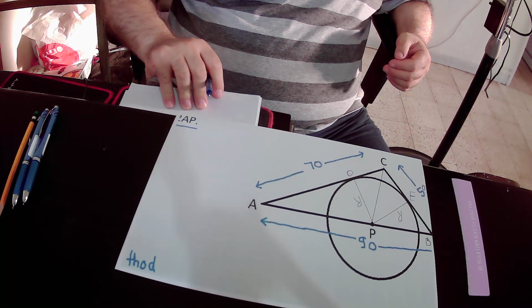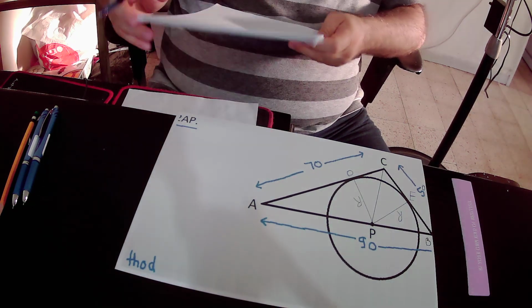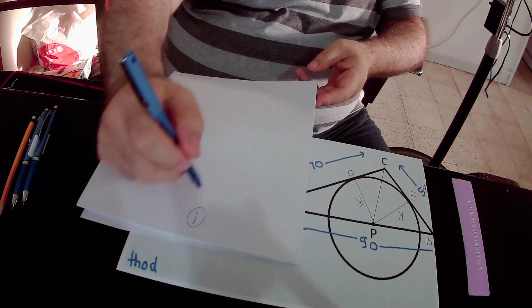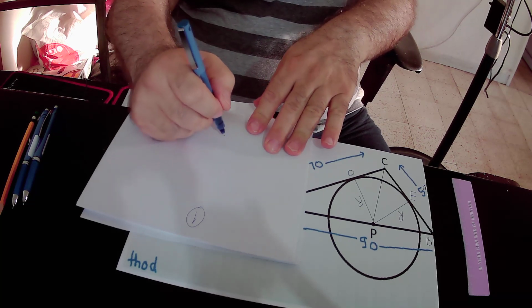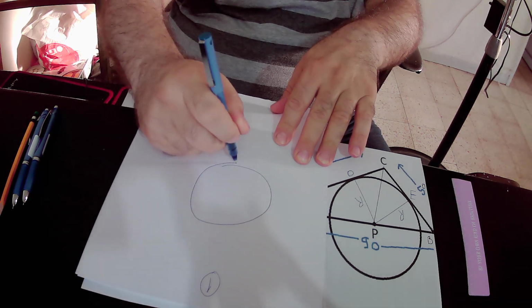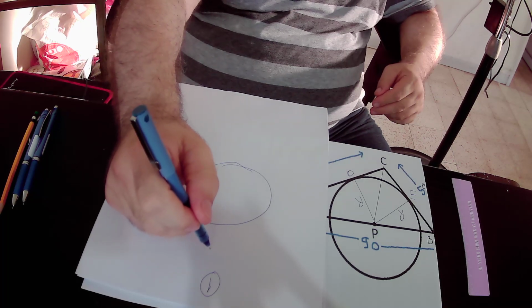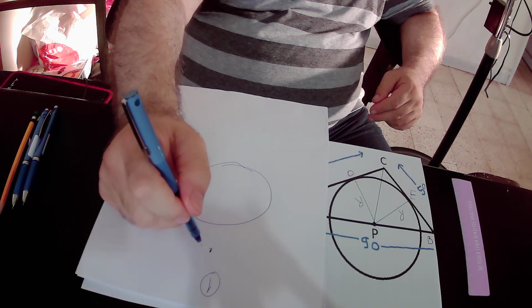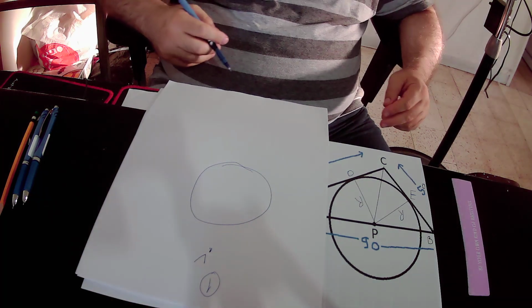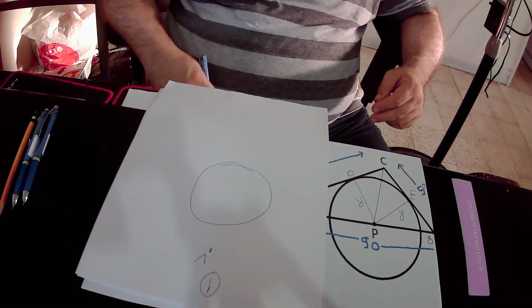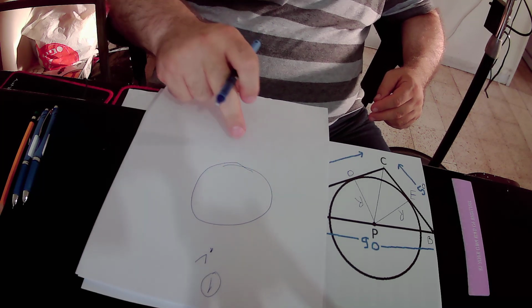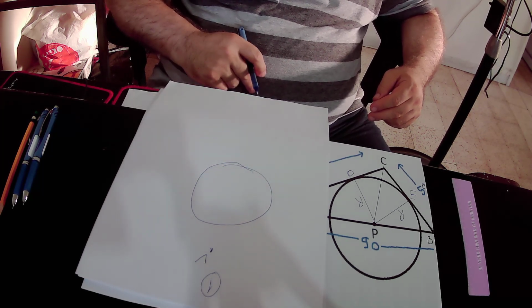Now, actually, we have a rule. If you have a circle and an external point of the circle, let's call that point V. V is an external point to the circle because point V is not inside the circle nor on the circle, but it is outside the circle.